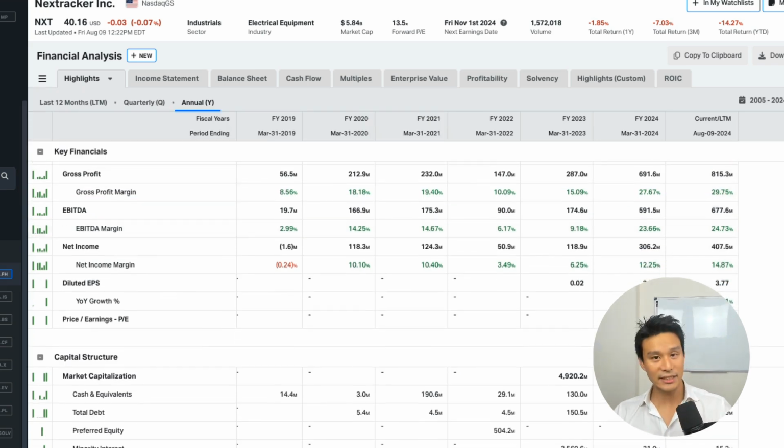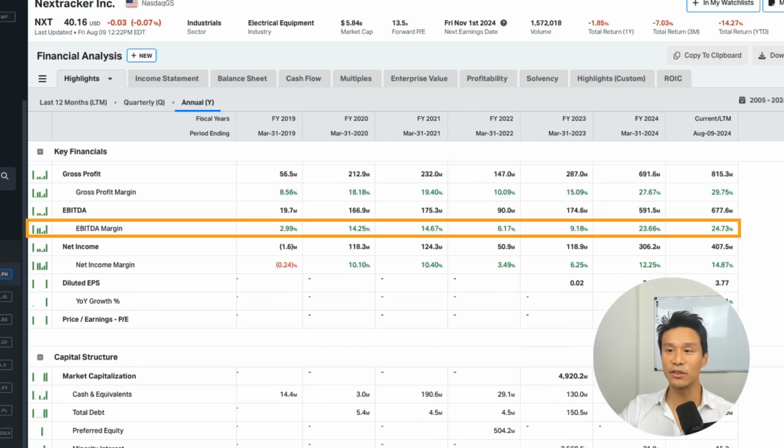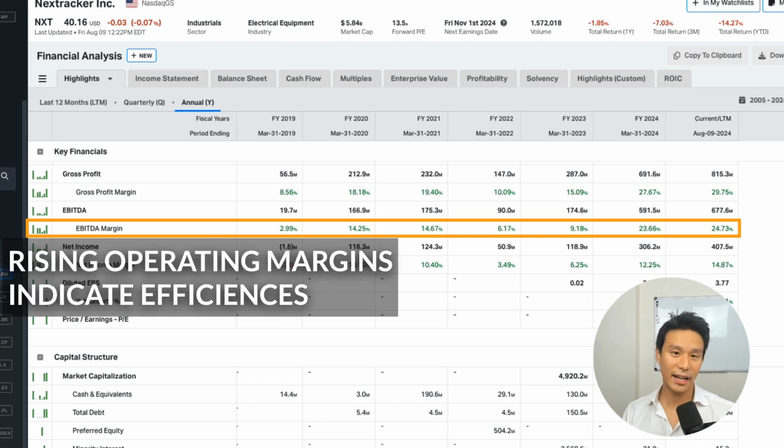And when a business can create efficiencies in the operations, we call that operating leverage, meaning the sales go up and then the operating margins also go up. And that can happen, for example, if a company trains its sales force to get really productive, so each salesperson can just make more sales each day. What happens is as the company grows its sales, you start to see an expansion in the operating margin.